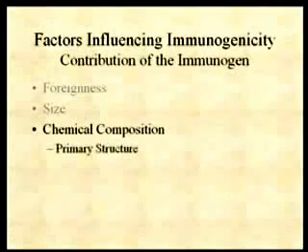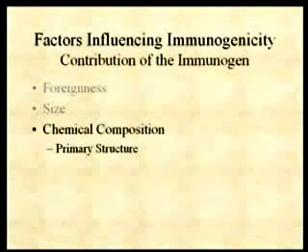And the reason that's true is because the epitopes, the antigenic determinants that induce the response, can be dictated by the primary structure. So obviously, when you have a sequence of different amino acids, you're likely to generate a sequence that's going to be foreign to the responding organism and can create an epitope.